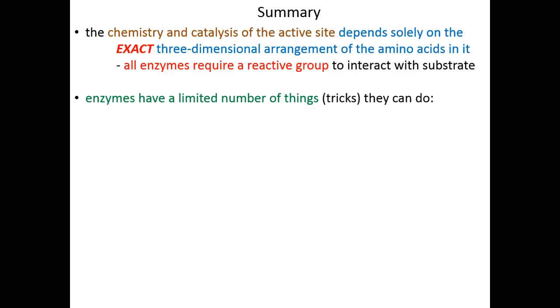All enzymes require some reactivity in that active site, and usually that comes from the reactive side chains of charged or polar amino acids. Enzymes have a limited number of things they can do, a limited number of tricks up their sleeve, and we'll see a good number of those tricks when we talk about the chymotrypsin enzymatic mechanism itself, and we'll fill in the remaining gaps of what are some other things that enzymes can do biochemically as we wrap up that last chunk.